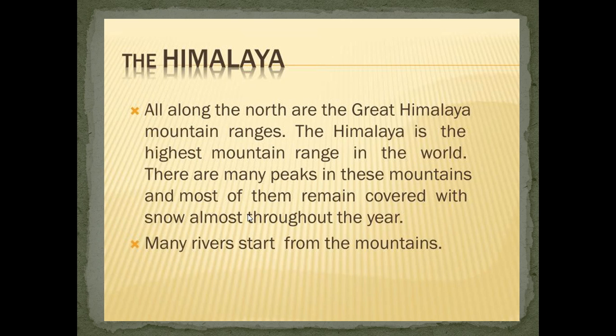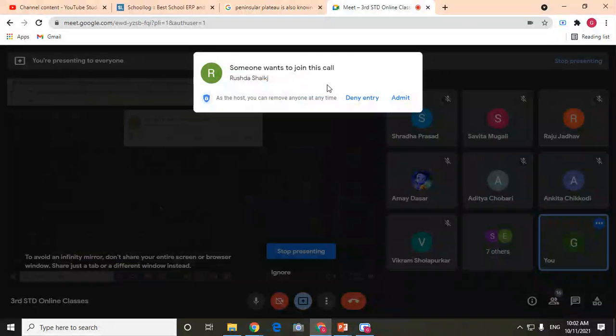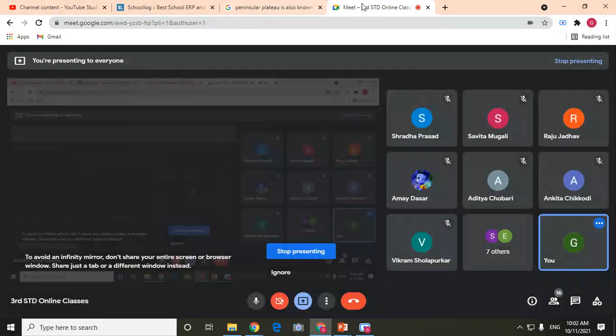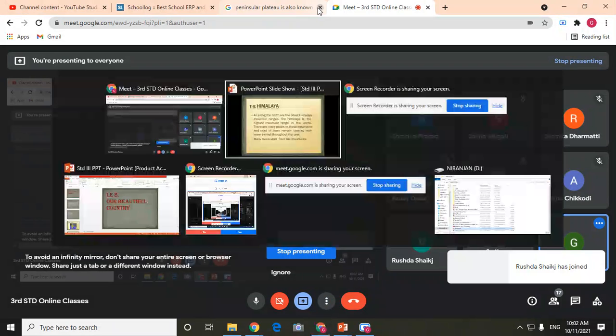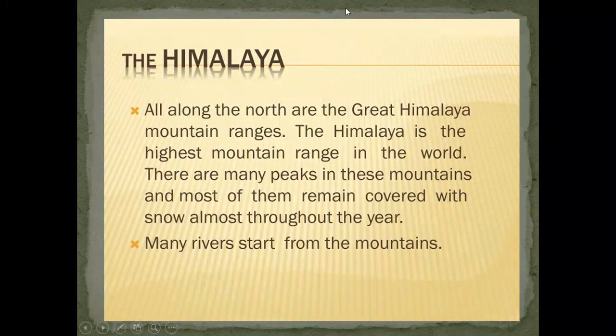You have to struggle a lot. You have to do exercises, yoga, and all. It is not like, okay, let's plan today and leave tomorrow. No, you need a lot of stamina and energy to climb Mount Everest. If anyone wants to go, then start your preparation from today itself. Okay.